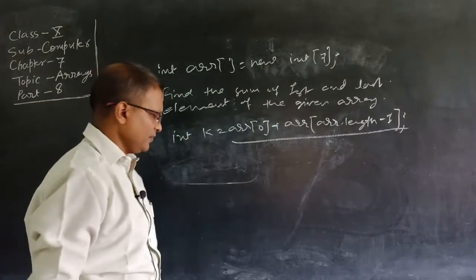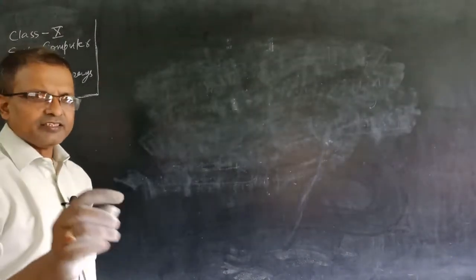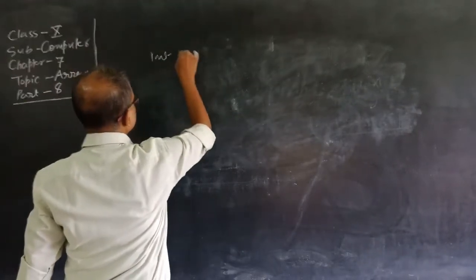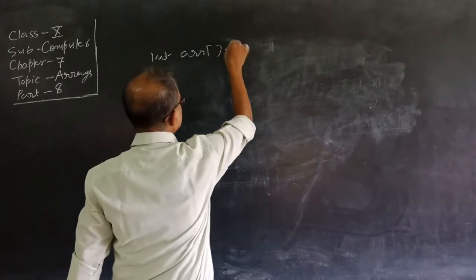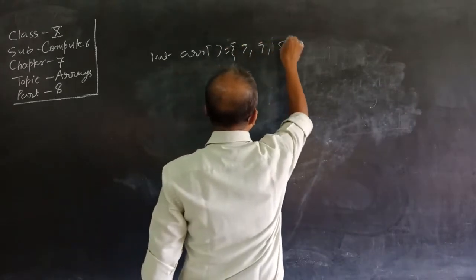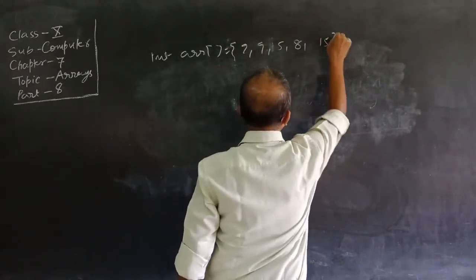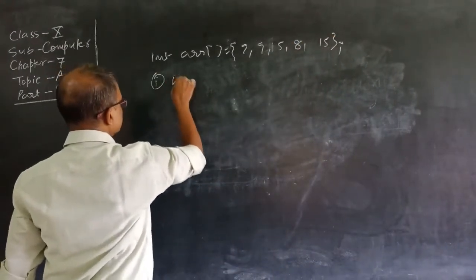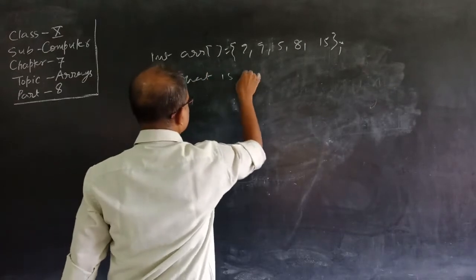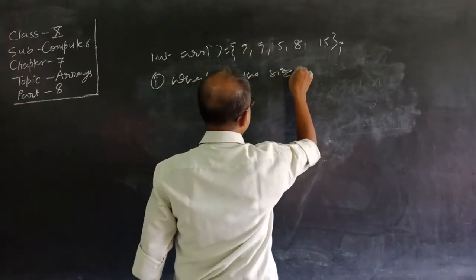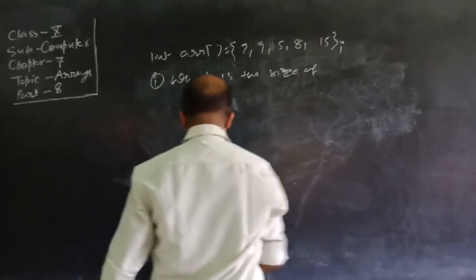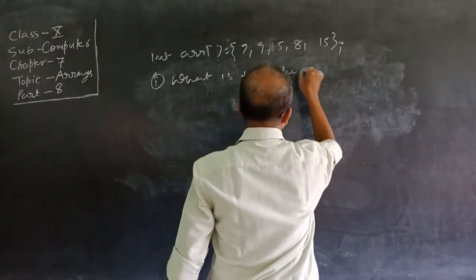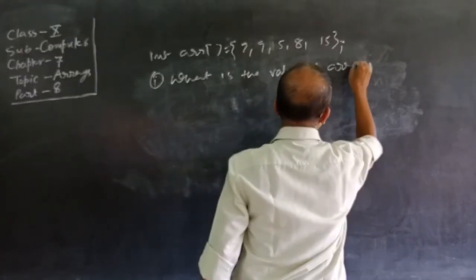Okay. Here is one more type of question, and that is very simple. Here is int arr equal to {2, 9, 5, 8, 15}, and you can be asked what is the size of the array, or simply what is the value of arr.length.